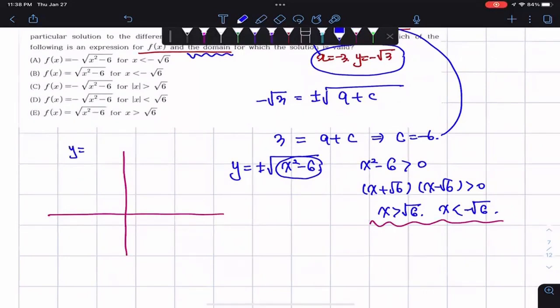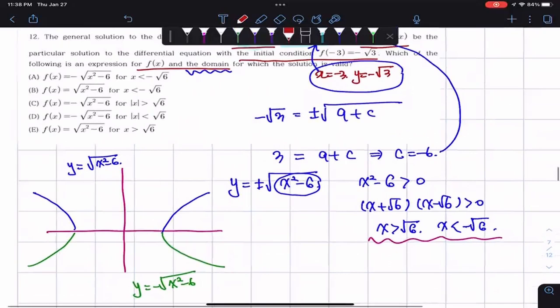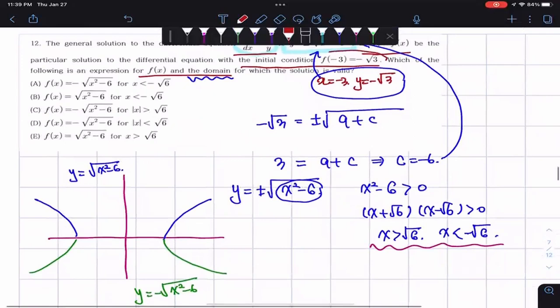This is x squared minus 6 like this. Almost every real phenomenon is continuous, so you should choose a continuous part, including the initial point.